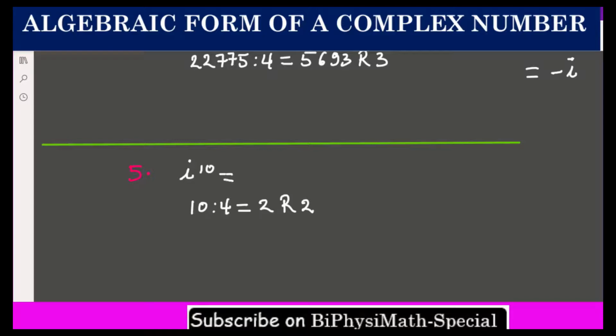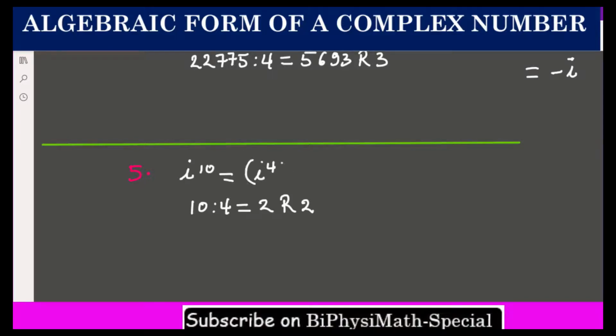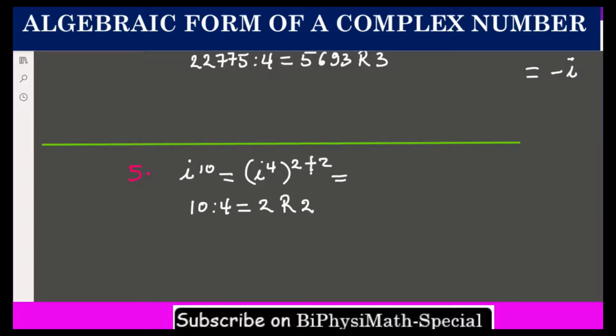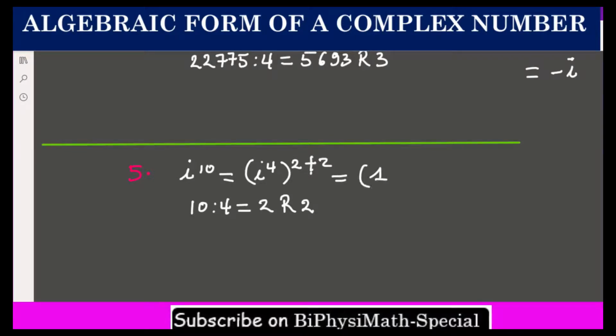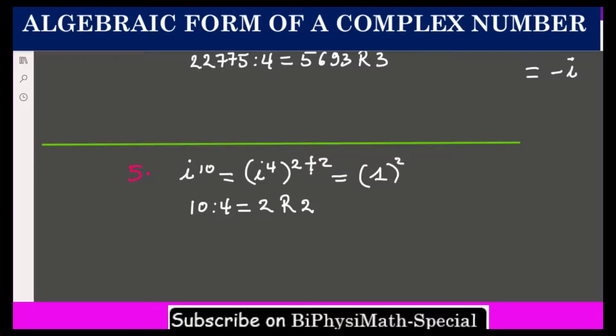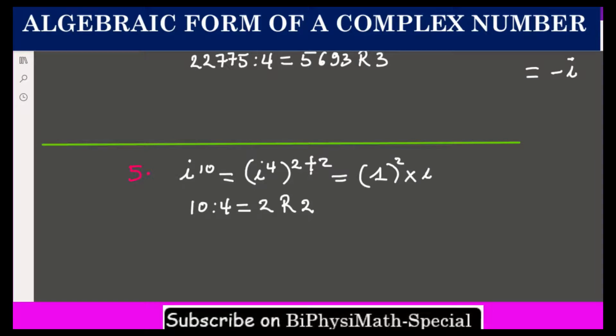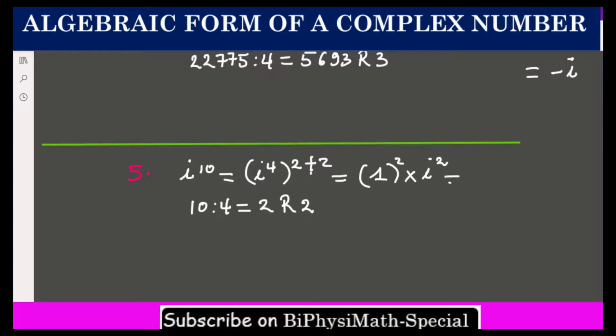Now write i to the power 4 times 2 plus 2, which is 1 to the power 2 times i squared.